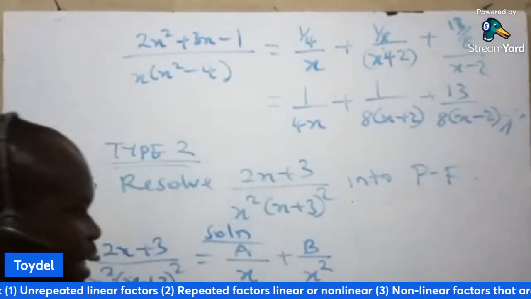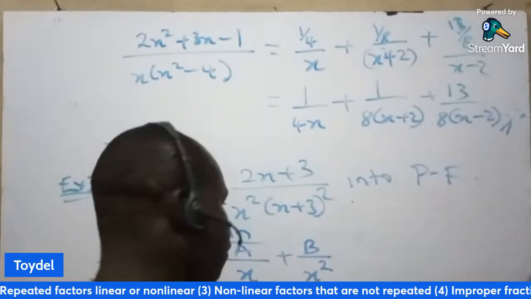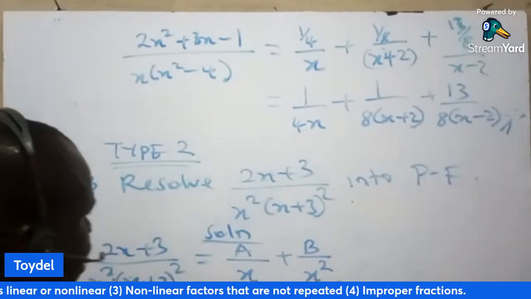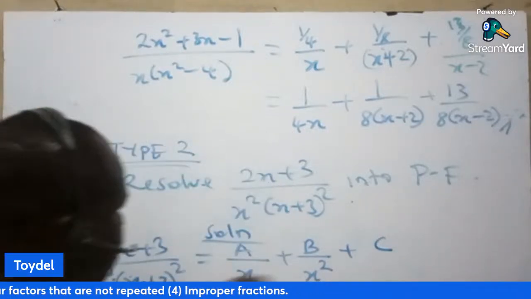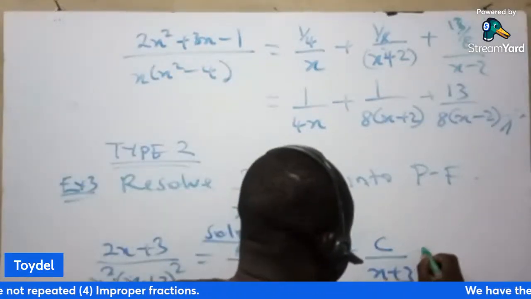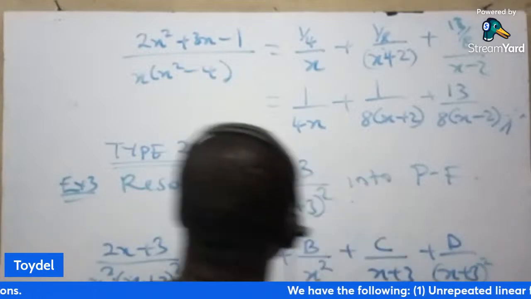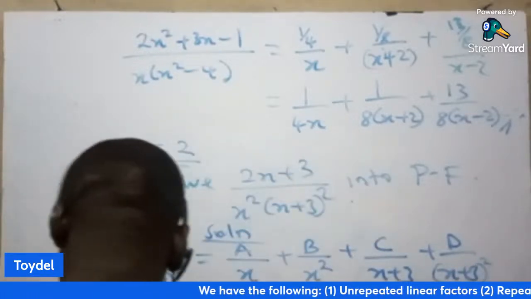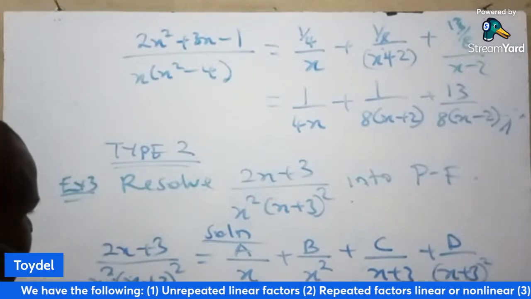We start from 1, 2, 3, 4. But in this case, we have squared, so this is how we resolve it. Plus c over x plus 3, then plus d all over x plus 3 squared. So under type 2, which is repeated factors, either linear or non-linear, this is how we resolve it.